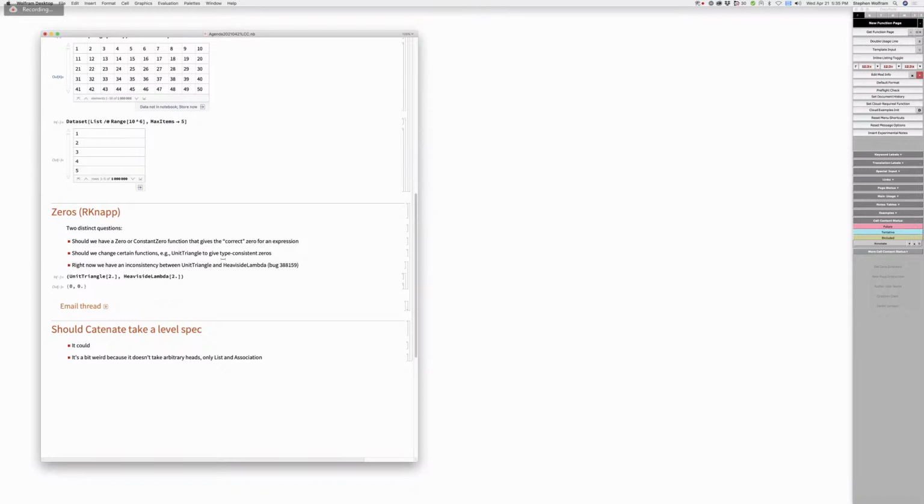Okay, explain the issue. So right now we have different behaviors among different functions. One inconsistency is shown right there between UnitTriangle and HeavisideLambda, which are pointwise basically the same function. It's just that one is the piecewise defined function. Okay, so you're saying if I do this, that's going to give an exact integer. Right, and it always gives an exact integer.